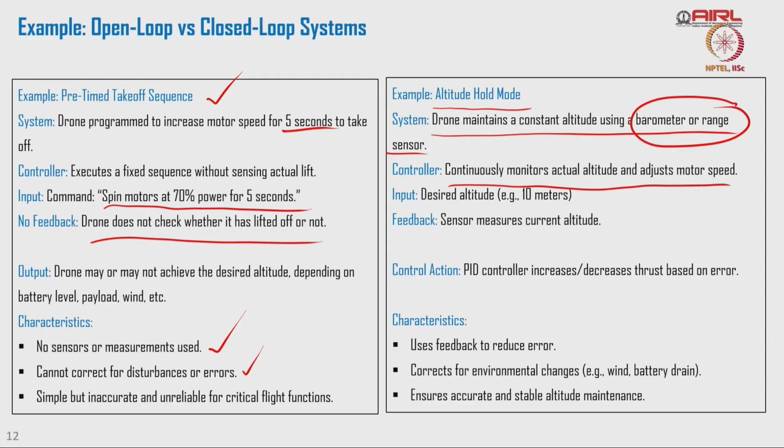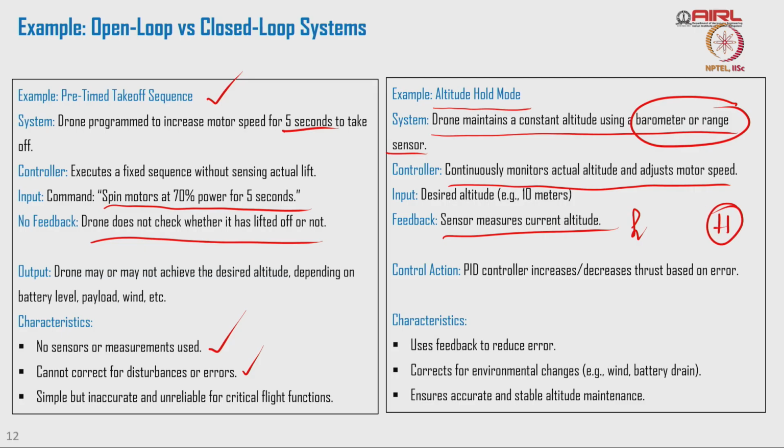If it is not happening in a desired fashion, the controller will work for that, because now it has sensor data. Sensor measures are coming, which will tell what the current altitude is. Based on that, if the current altitude is h and we want to achieve some altitude capital H, then the controller will work so that this particular altitude is achieved.